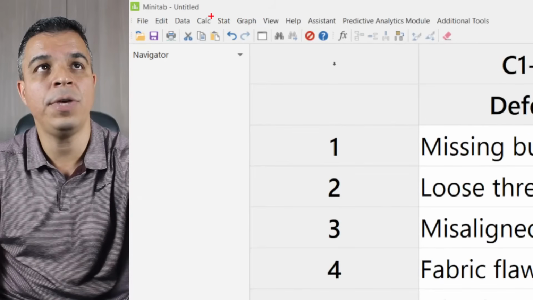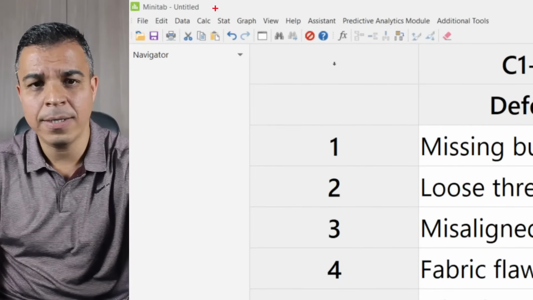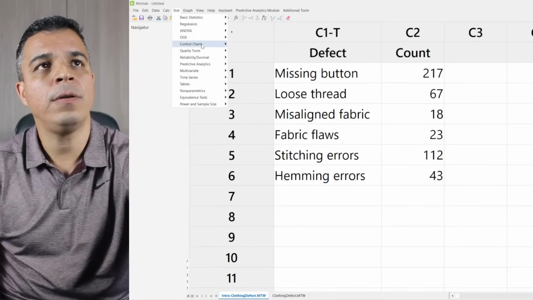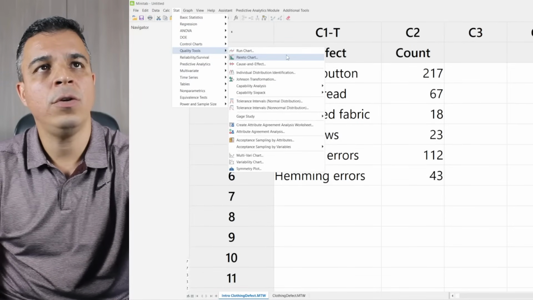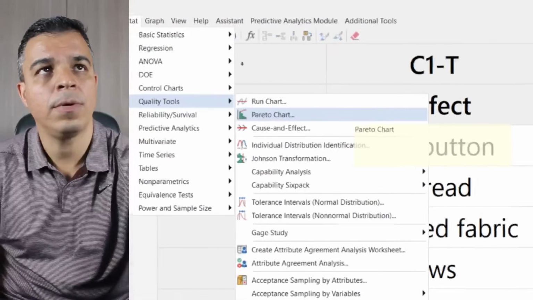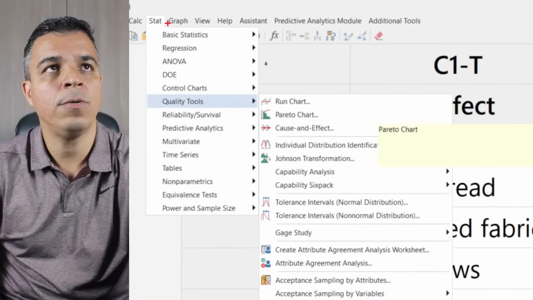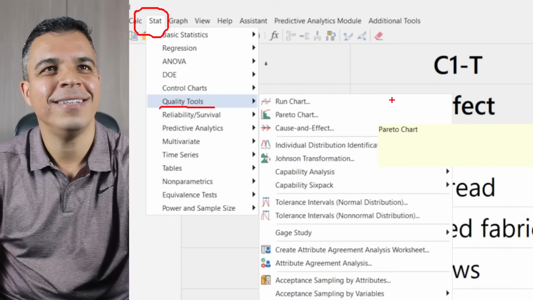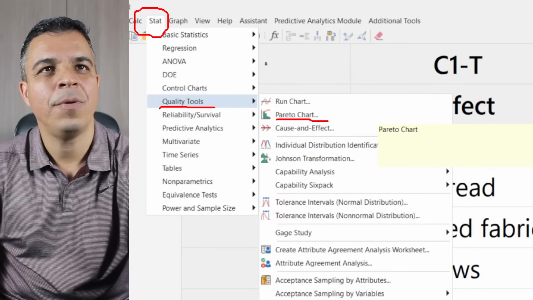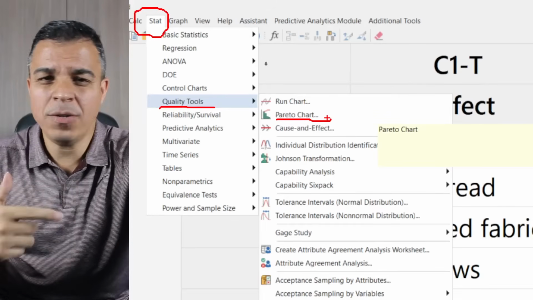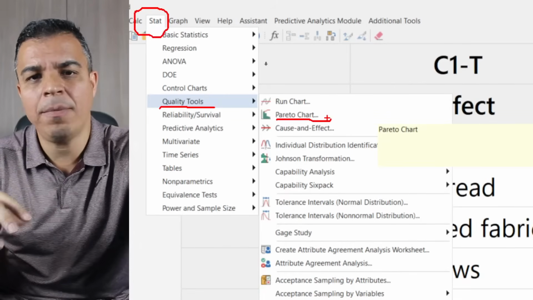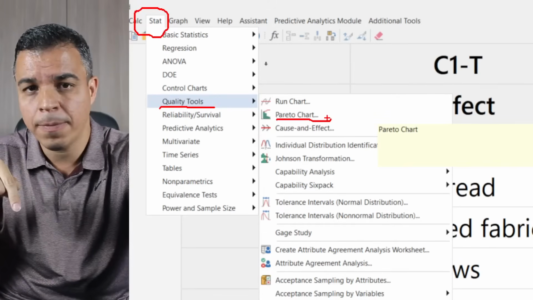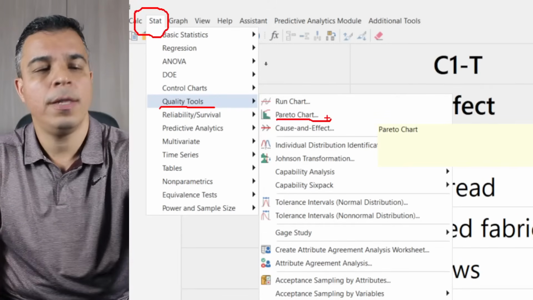You find Pareto under Stat, then Quality Tools, and then Pareto. In case you have an older version of Minitab, that's okay too. You will find it in the very same path: Stat, Quality Tools, and Pareto.